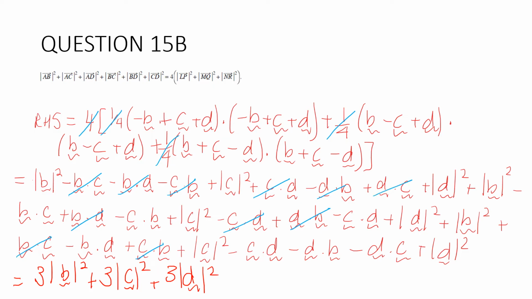Okay, and that leaves us with two lots of B dot C. Actually, it's negative, my apologies. Minus two lots of B dot D and minus two lots of C dot D.